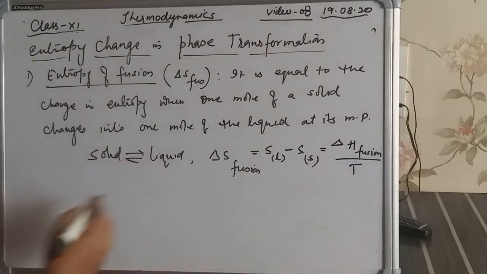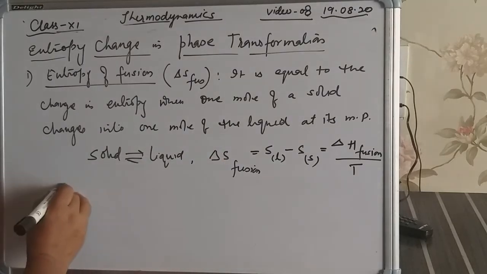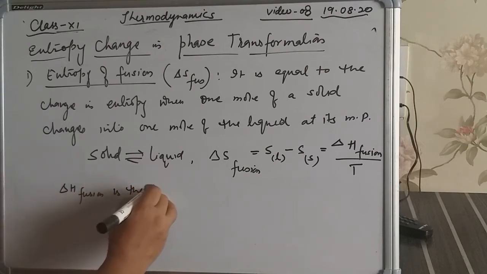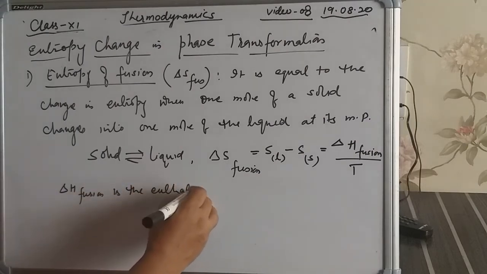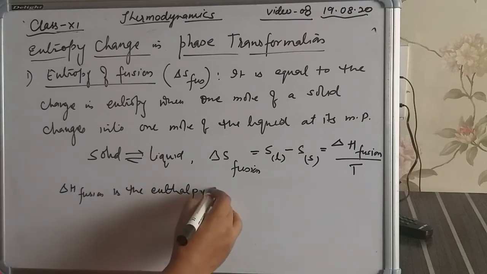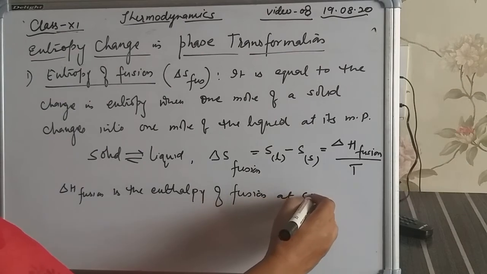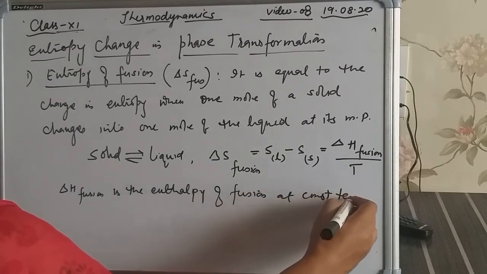So delta H fusion is the enthalpy of fusion at constant temperature.